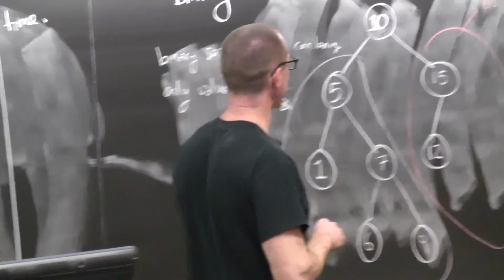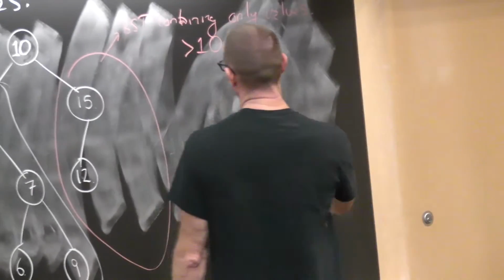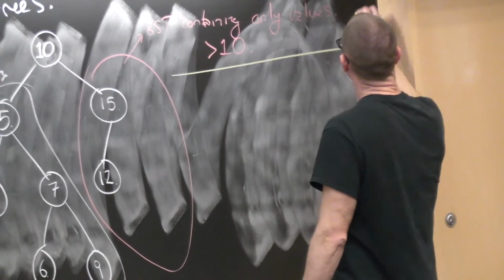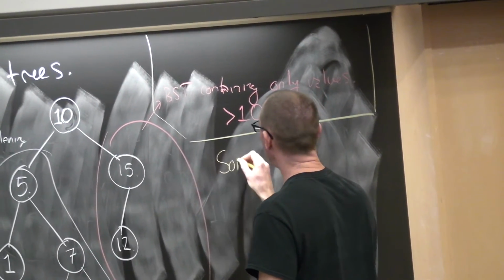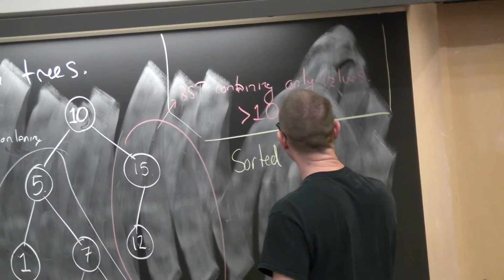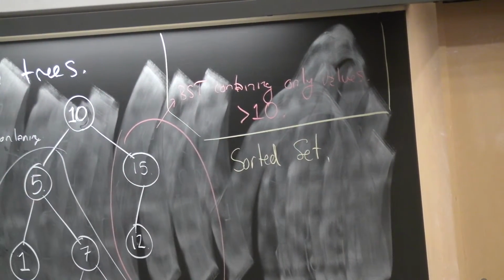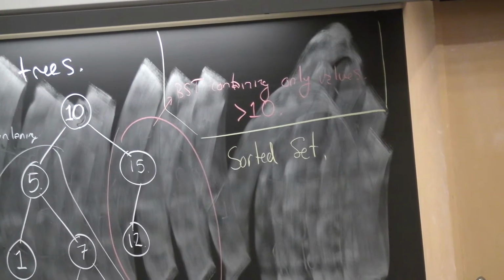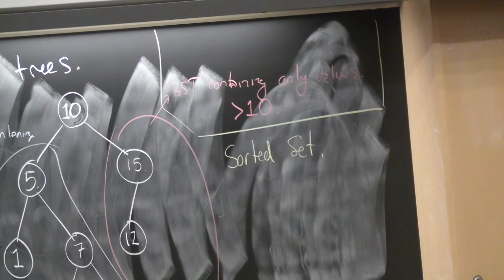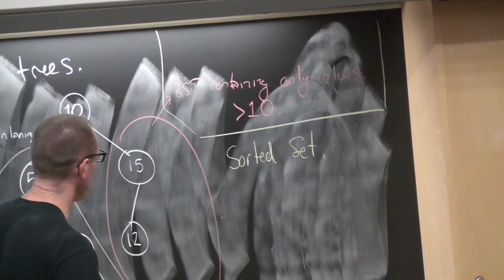Well, what are they useful for? In most libraries, whatever you call a sorted set in your favorite programming language, whether it's Java's sorted set, C++'s set, and Python doesn't really have a great standard one.